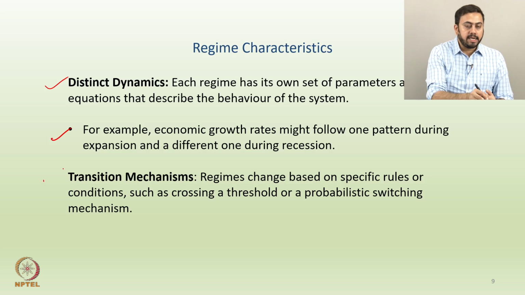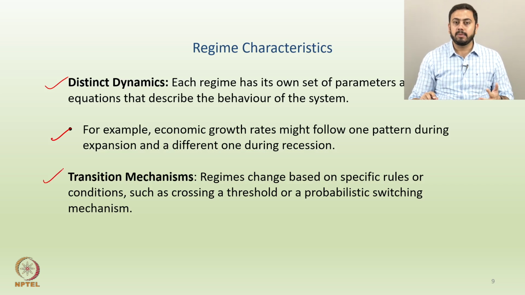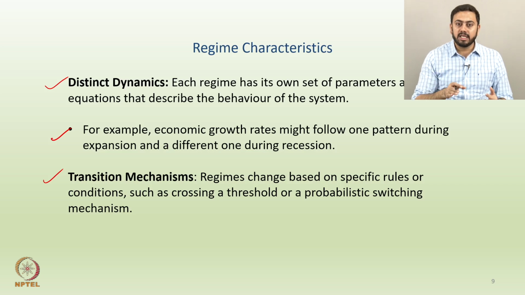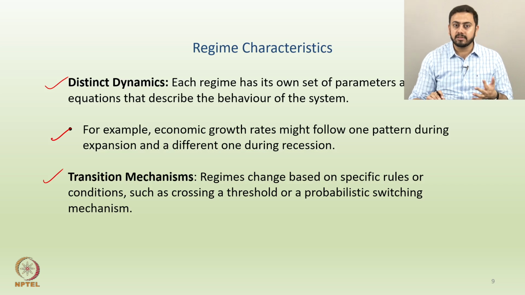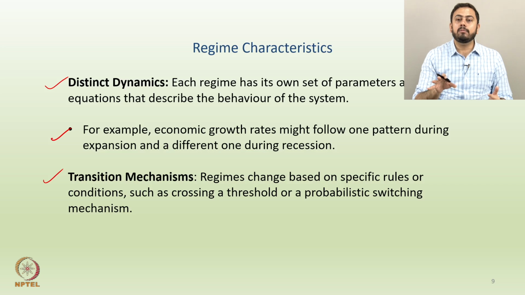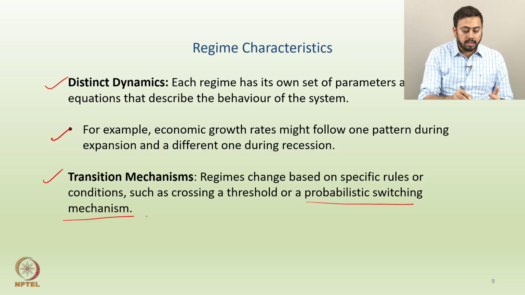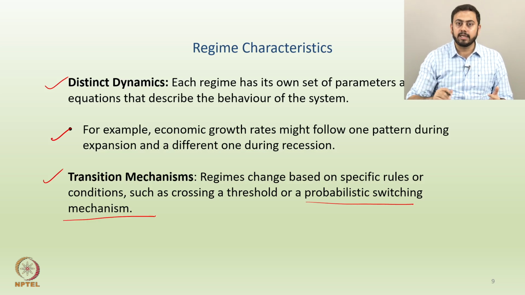Secondly, the transition mechanism. What do we mean by that? Regimes change based on specific rules or conditions, such as crossing a threshold or a probabilistic switching mechanism. We have to understand how the time series switches between regimes. We will try to understand the probabilistic mechanism in coming slides or lectures this week.